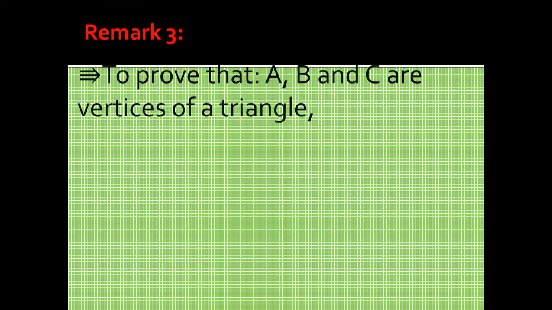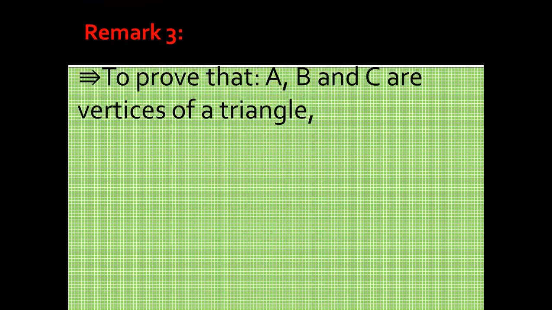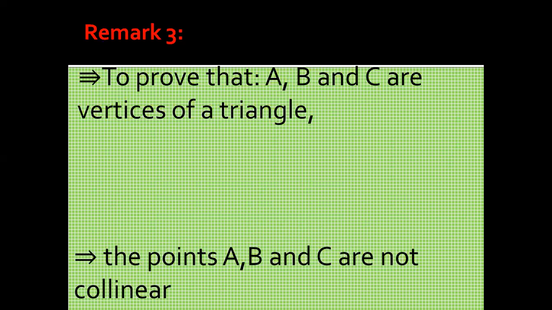Remark number 3. To prove that A, B, and C are vertices of a triangle, it means if the 3 points are not collinear, they will make vertices of a triangle. Then we do the same steps. It means the 3 points are not collinear.